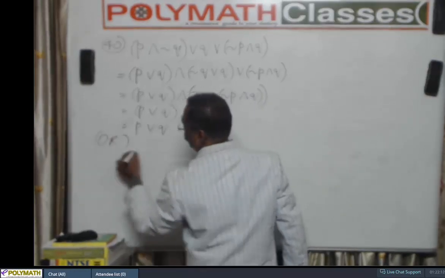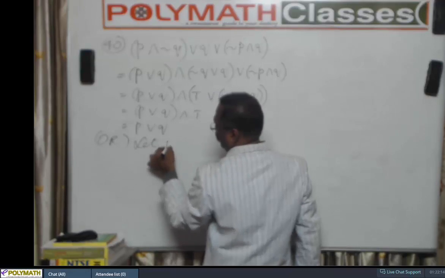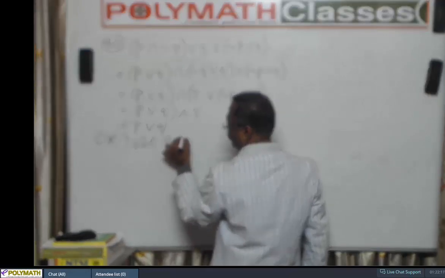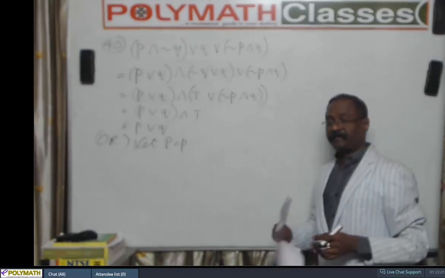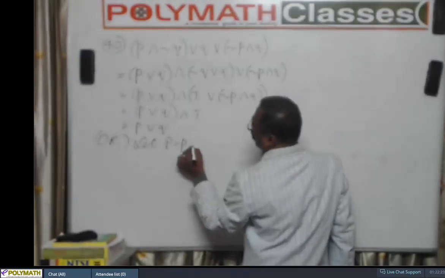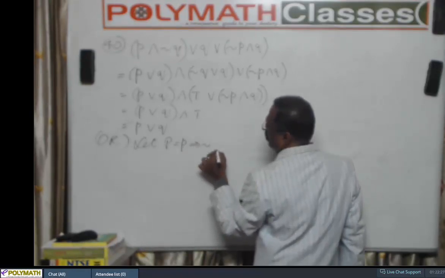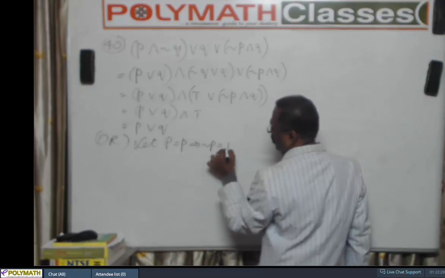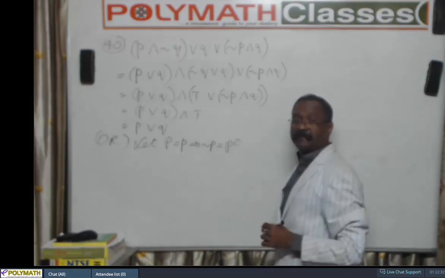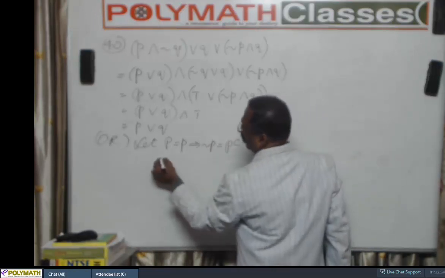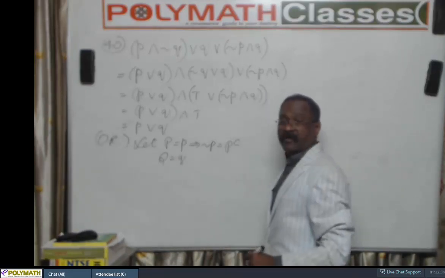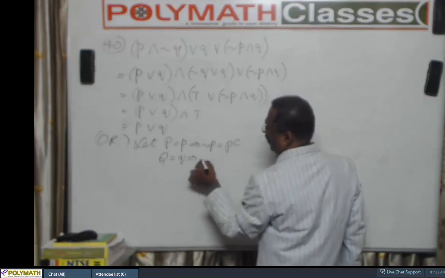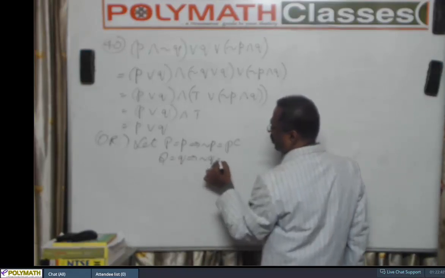Otherwise, let capital P be a set which is containing P, and obviously negation P is nothing but P complement. Capital Q, it is set Q I'm saying, implies negation Q is nothing but Q complement.